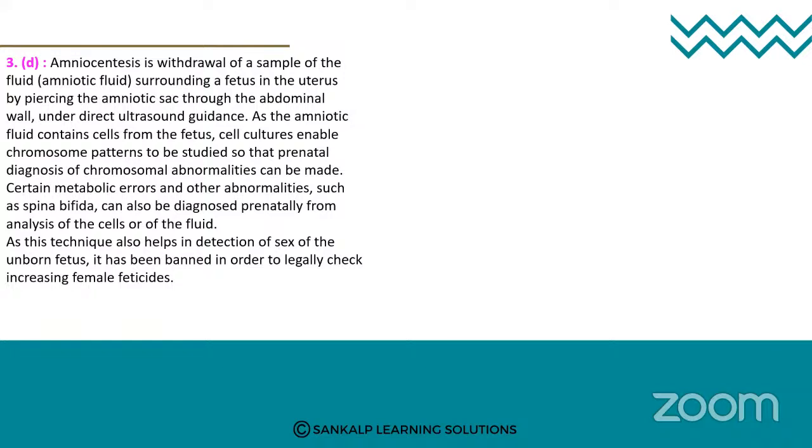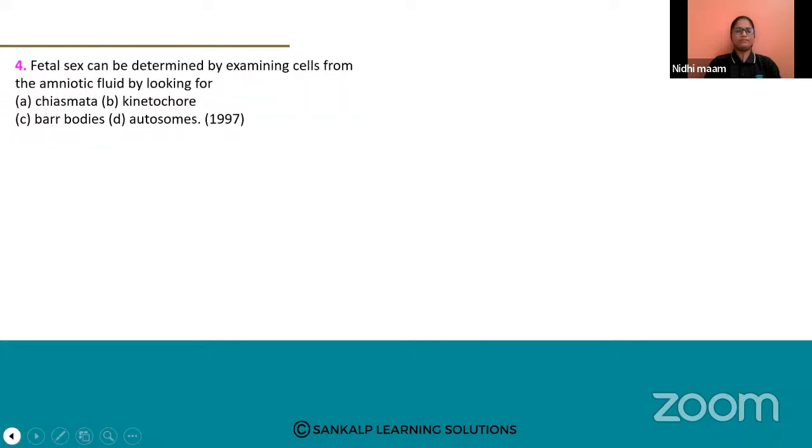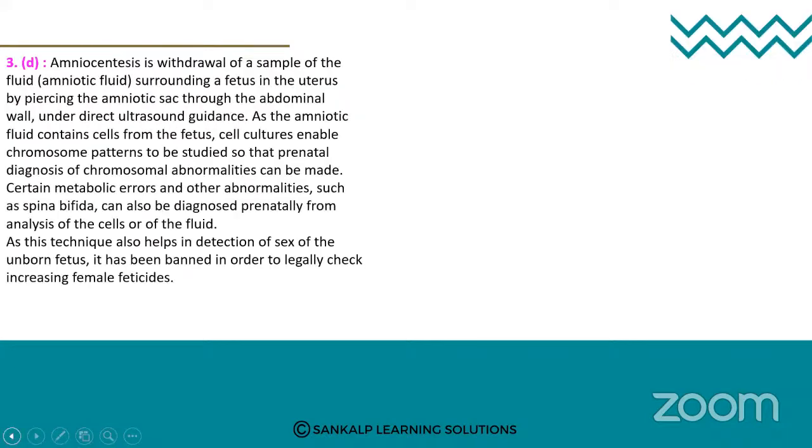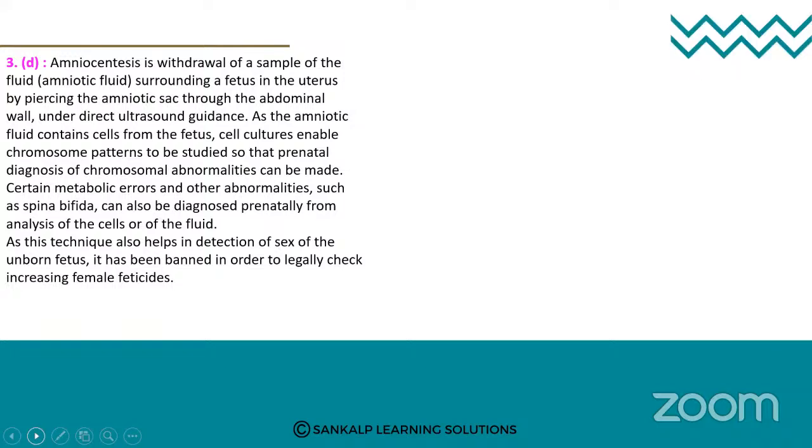Certain metabolic errors and other abnormalities such as spina bifida can also be diagnosed by analysis of the cells or of the fluid. The technique also helps in detection of the sex of the unborn fetus. It has been banned in order to legally check increasing female feticide.